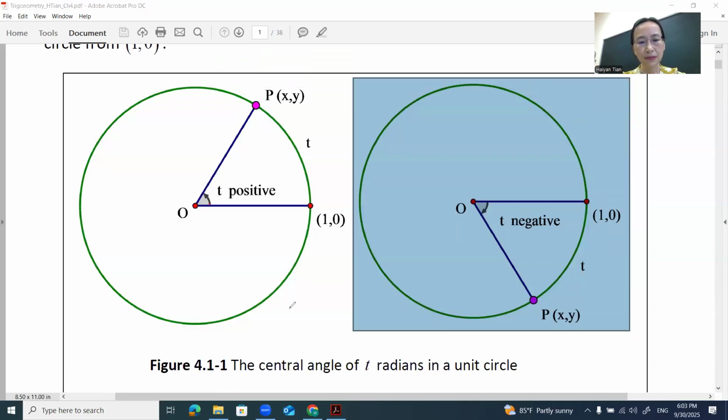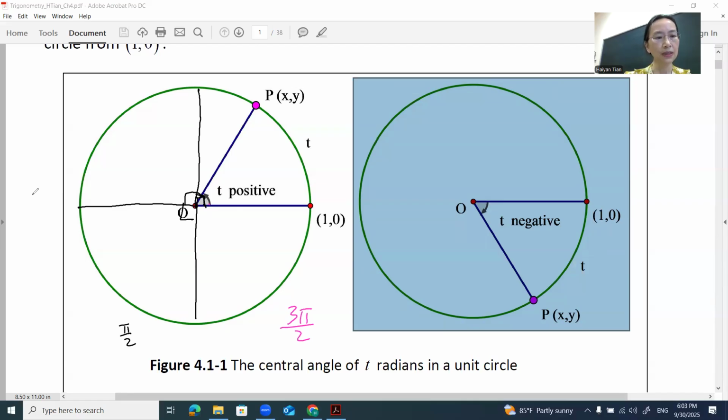If we just look at pi over 2, that's half of pi, then you get this. That's pi over 2. But you continue, this is another pi over 2, and you get here. And 3 pi over 2, that's 3 of these. Suppose this is our standard position angle, so actually you go all the way here.